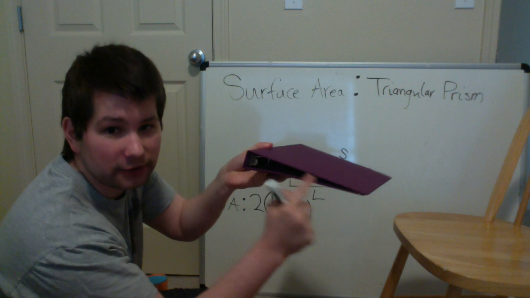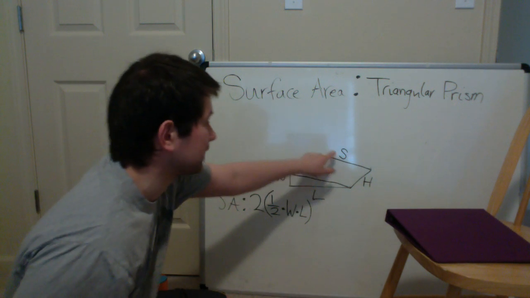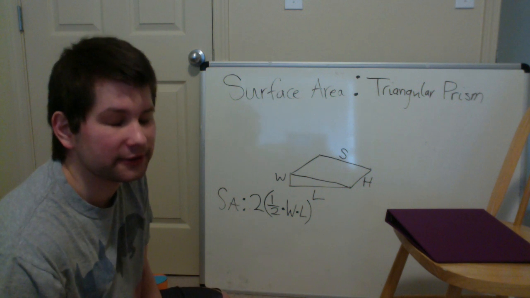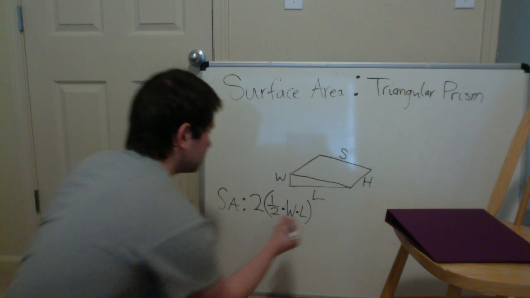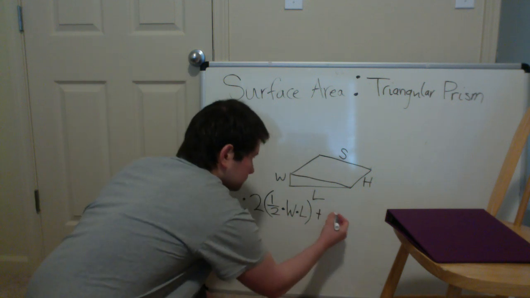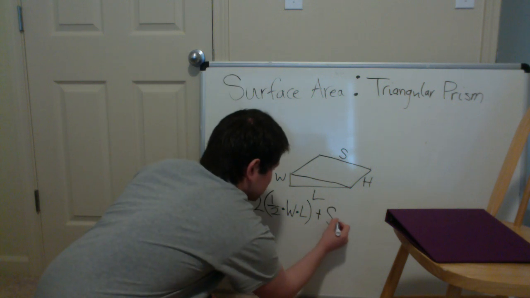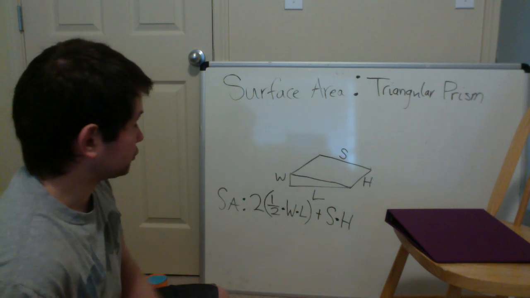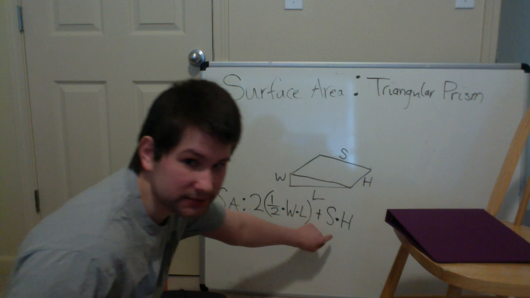That's the diagonal part of this triangular prism. I've labeled this as the slanted side, or maybe you want to call it the diagonal. Doesn't really matter. But to calculate the area for this rectangle, that is going to be S times H. Good job. All right, so now we have covered the 2 triangle sides and the top side.